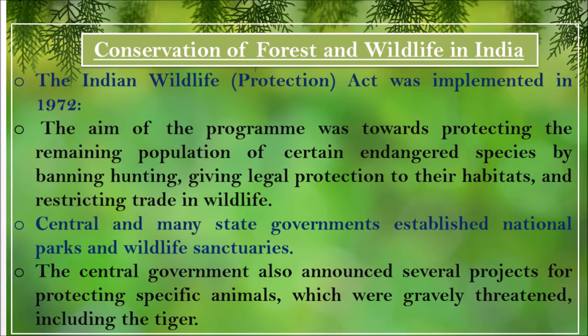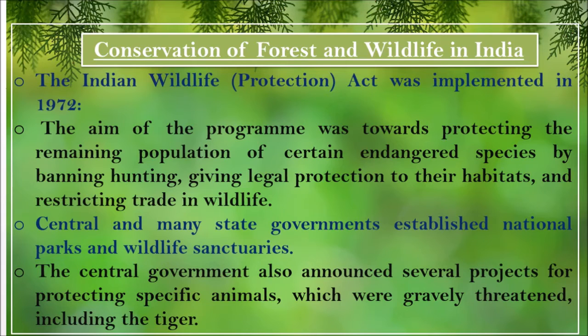So they have created some rules by banning hunting, like giving legal protection to their habitats and restricting the trade in wildlife. The selling and buying of all these wildlife, forest trees and wild animals has also been restricted. And the central and many state governments established national parks and wildlife sanctuaries.